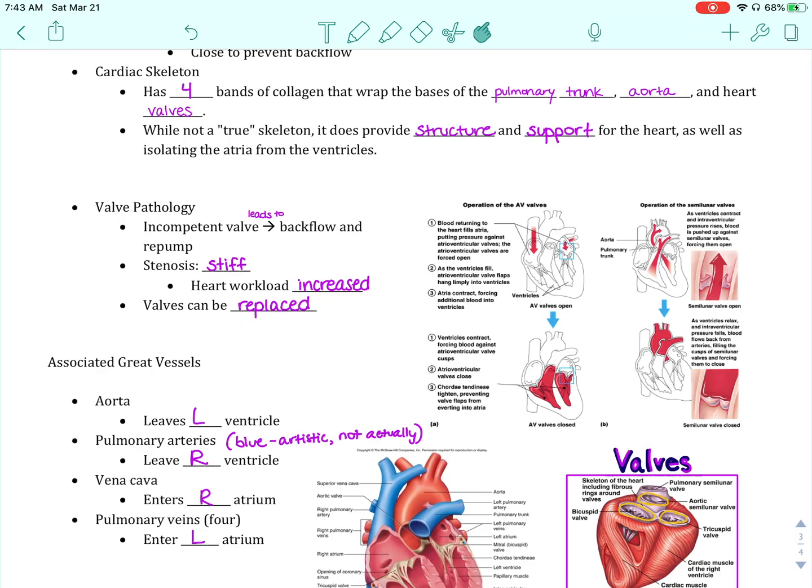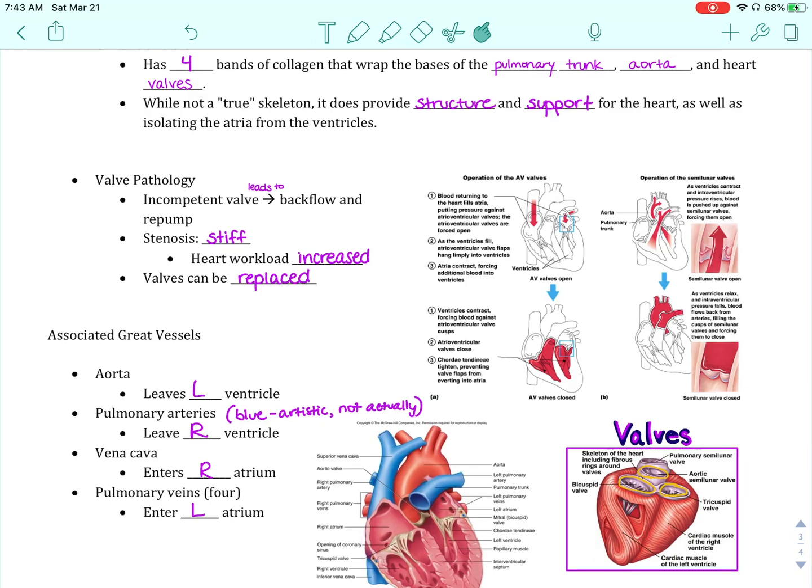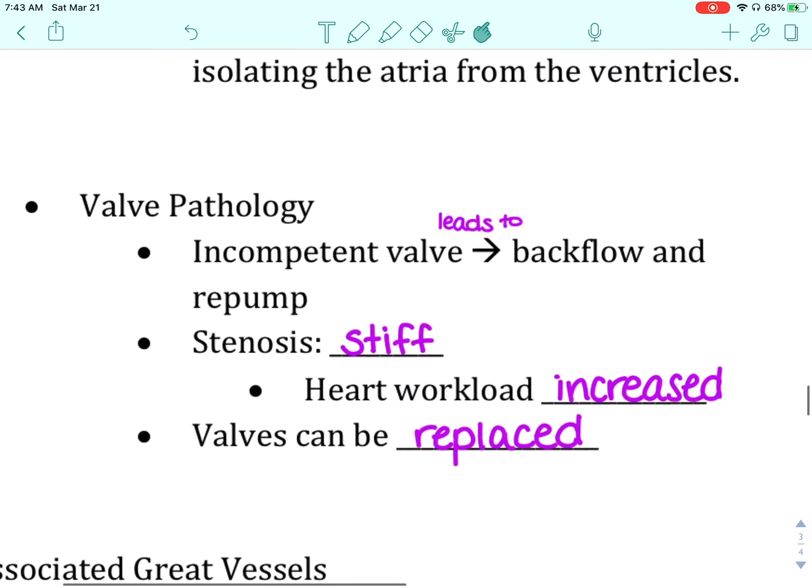All right. So basically, your valves are super important to making sure that the blood flows in the proper direction at the proper time. If you have an incompetent valve, it leads to backflow and almost like a repump, and some people might need a pacemaker or some type of device to control the valves.